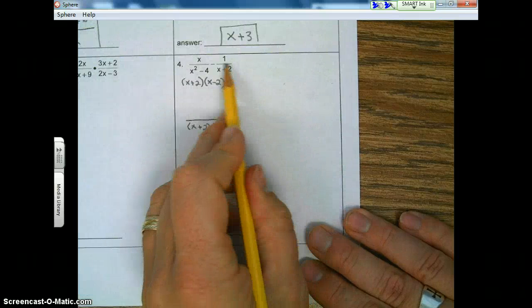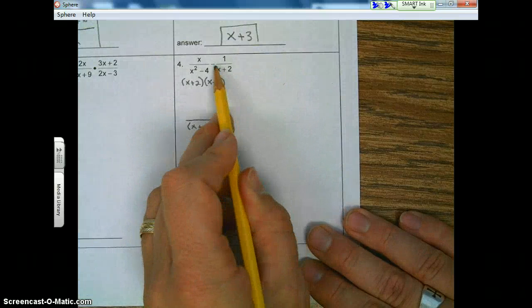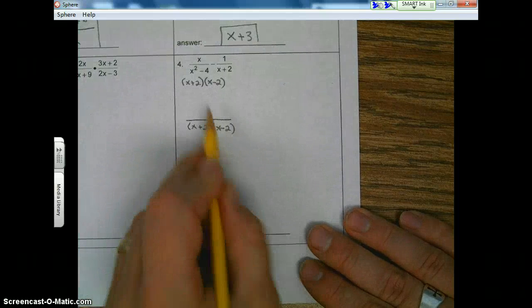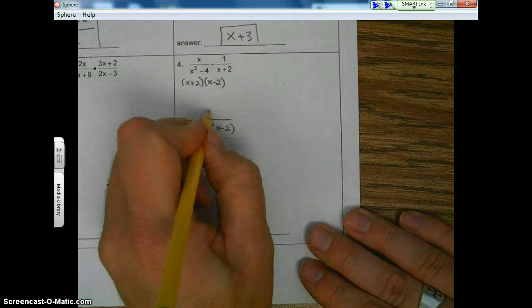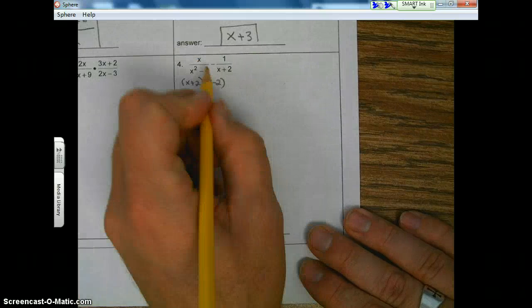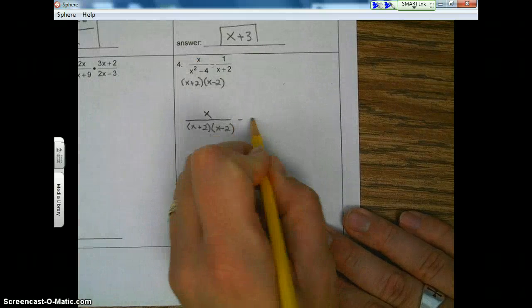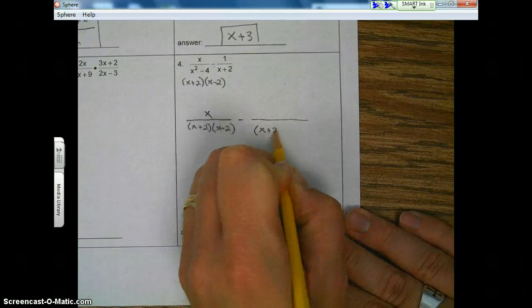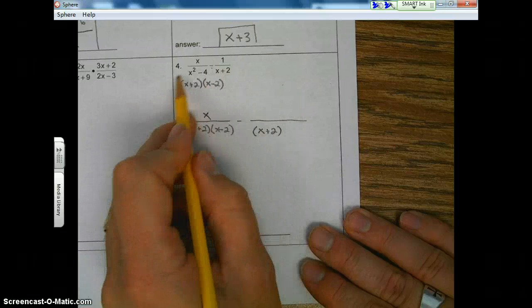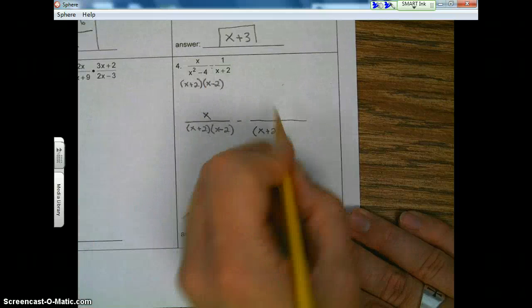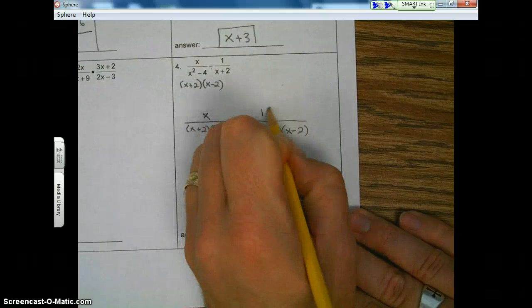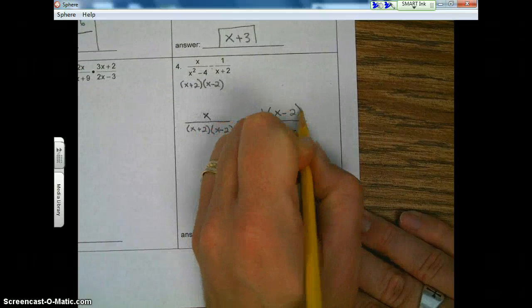And looking at this denominator, does it have anything that we need? No. So the denominator stays the same. Numerator stays the same. Bring down the subtract. So we have x plus 2 over here. So what do we need? We need an x minus 2 on the bottom. So we need an x minus 2 on the top.